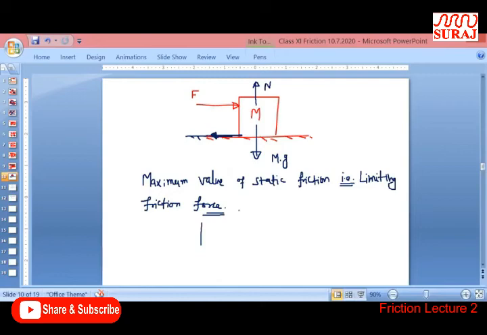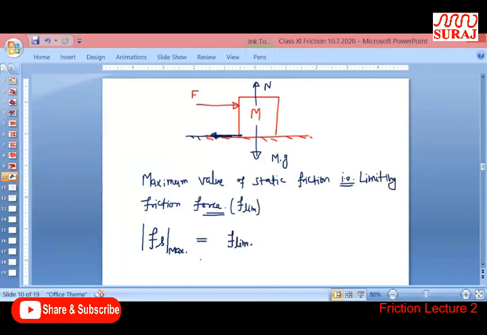I will write this as F subscript limiting. Here I will write static friction, and its maximum value is equal to limiting friction force.